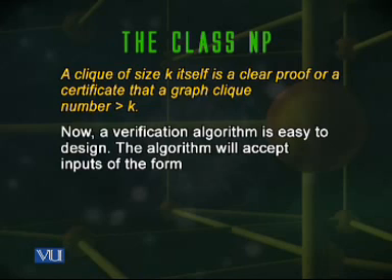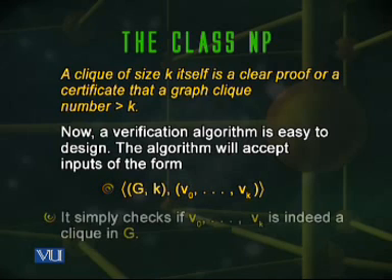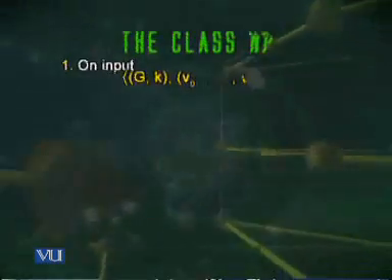The algorithm will accept inputs of the form G, K along with a list of K vertices. And this algorithm will simply check if the list of vertices is indeed a clique in G. Checking if a list of vertices is indeed a clique in a given graph is not hard. It can be easily done in polynomial time. Let's look at the details.